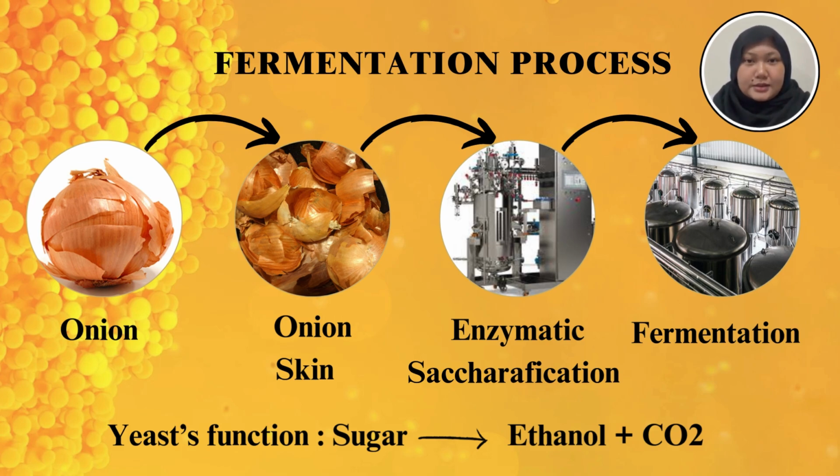For instance, the fermentable sugar or monosaccharide, for example xylose and arabinose, produced from the enzymatic saccharification process will be consumed by the yeast, and then it will be converted into ethanol and carbon dioxide.